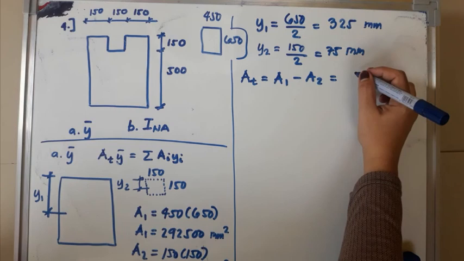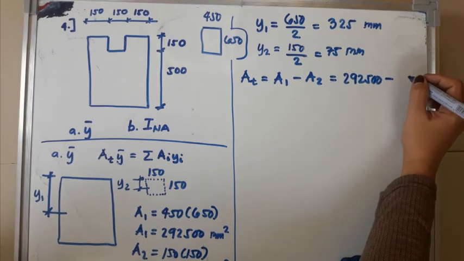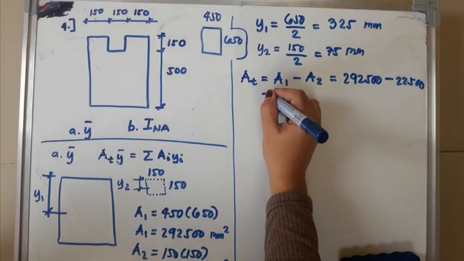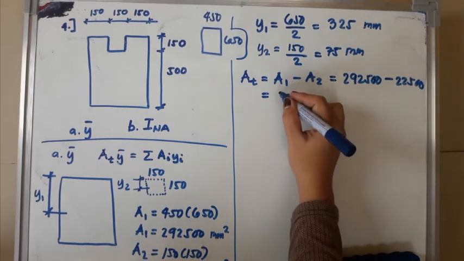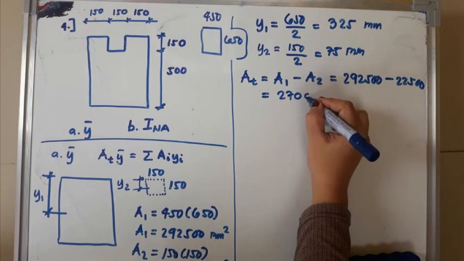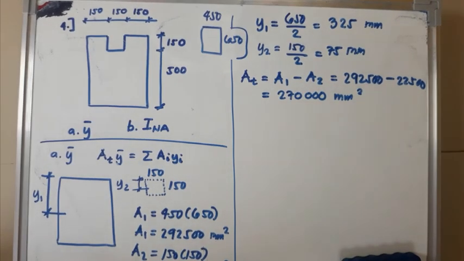So area 1 is 292,500 minus 22,500. So 270,000 millimeter square.